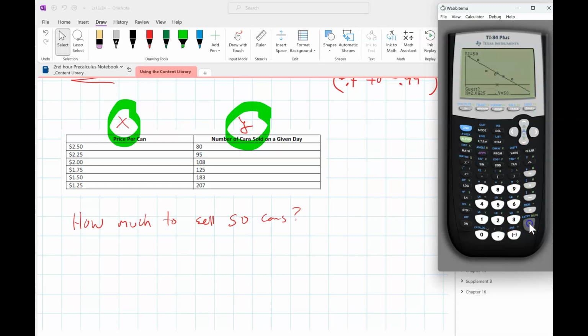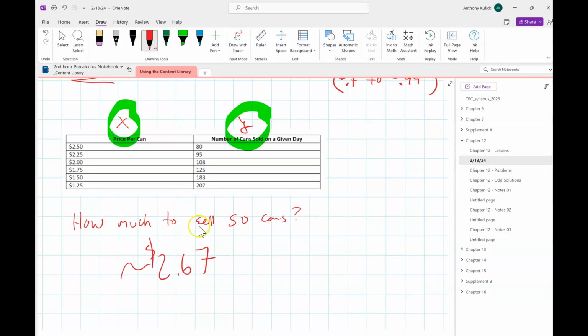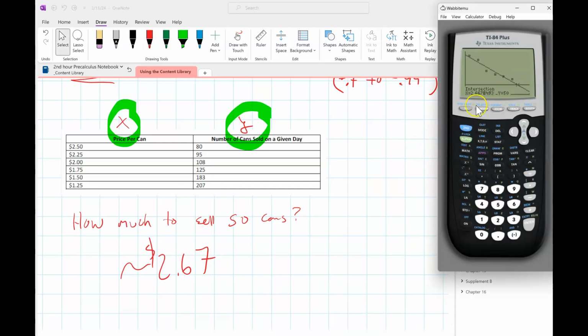No, I'm just going to press enter 3 times really quick. So it looks like $2.67 or thereabouts. Oops. Right, there's my X. What do you guys feel? It's all right?